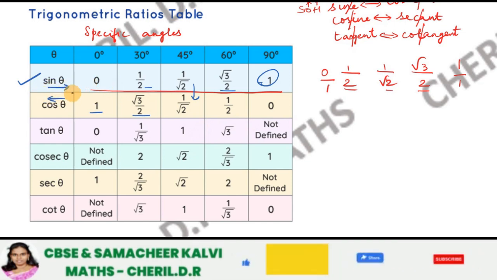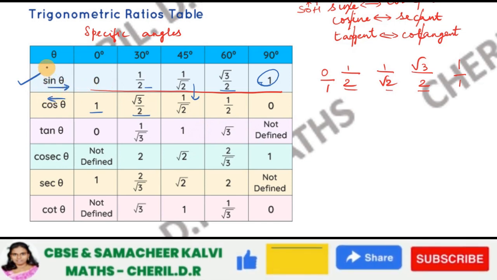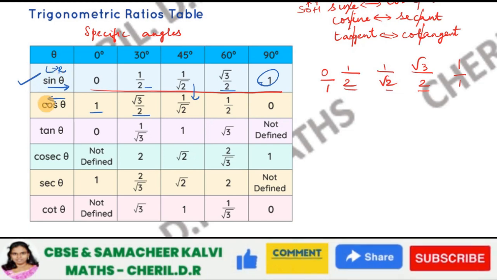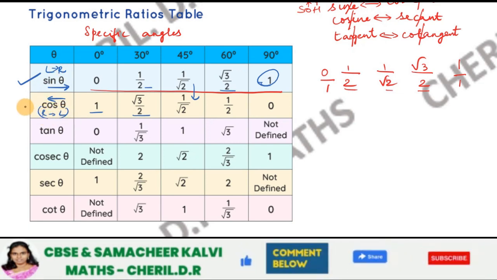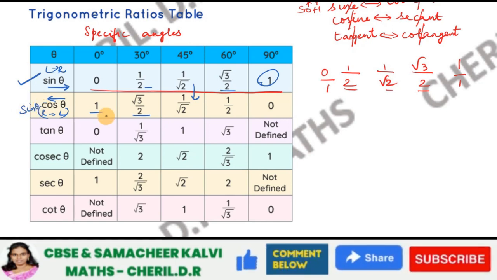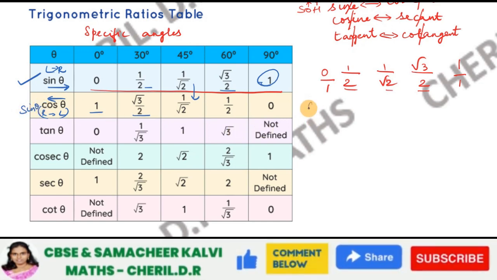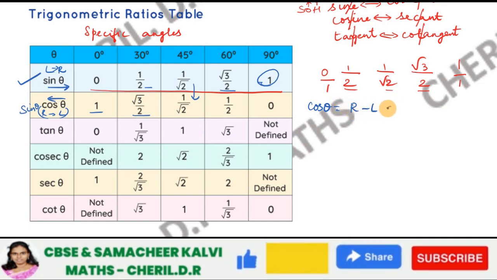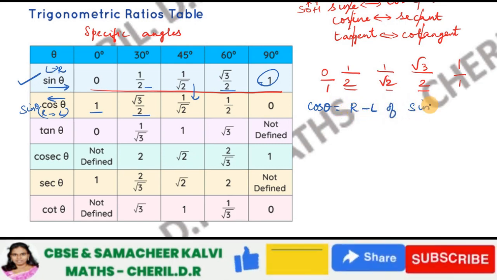So for cos theta, you write whatever you wrote from left to right for sine theta, from right to left.